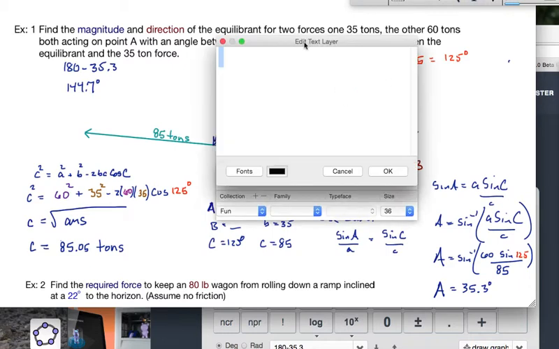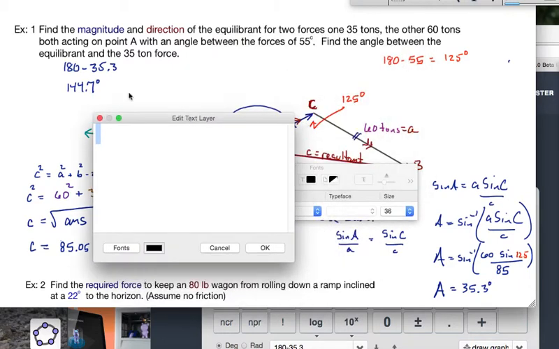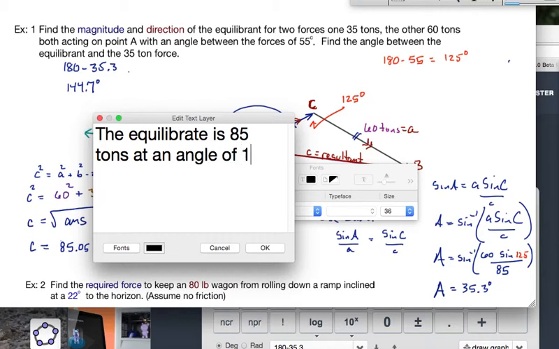Okay, so the equilibrant is 85 tons at an angle of 144.7 degrees from the 35-ton force.